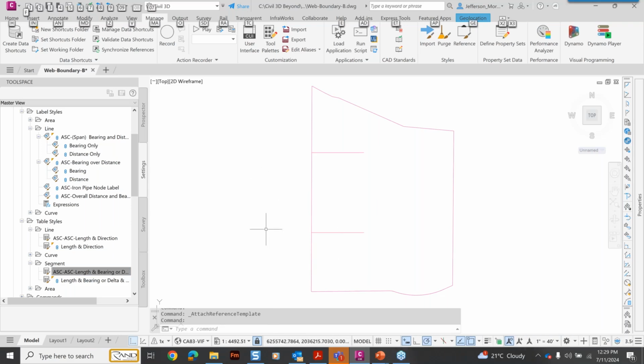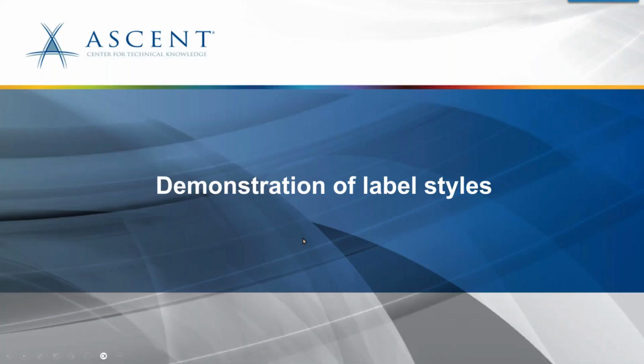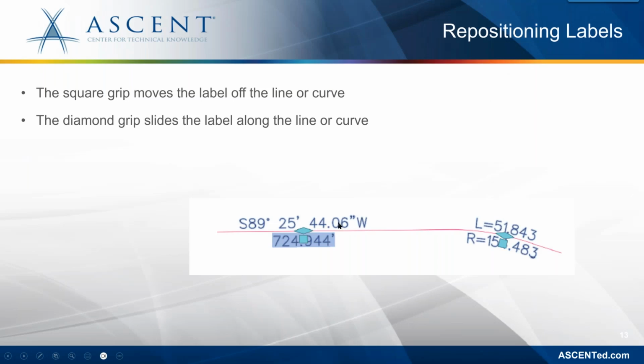Okay, so let's go back to our labels. Once we do have our labels, basically labeling, we pick our label style and pick wherever we want the label to go on the object.